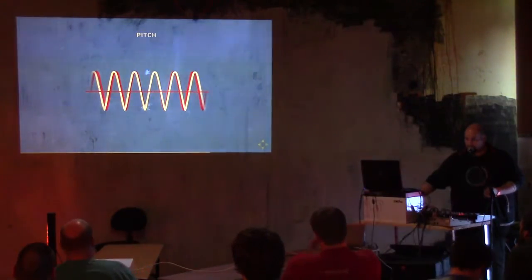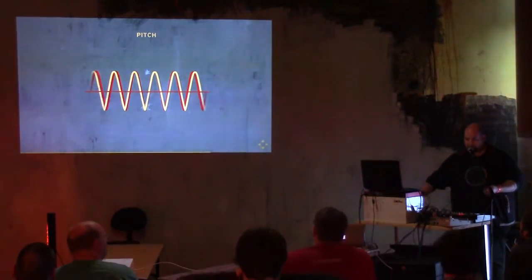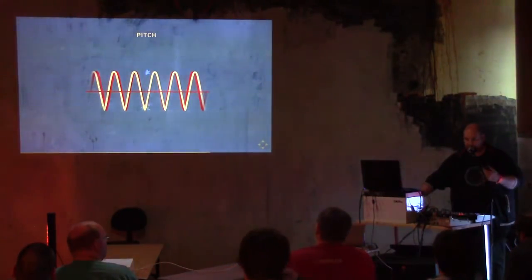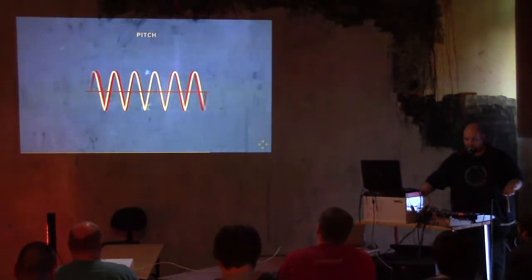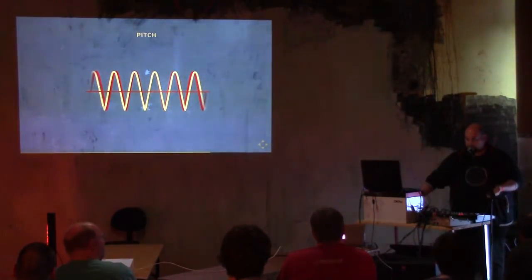So if you have these running on the same channel together, they will produce one kind of fatness, and if you have one running on the right and the other one on the left, it will be a different kind of fatness, and it will sound really good actually, just from that simple change in pitch.